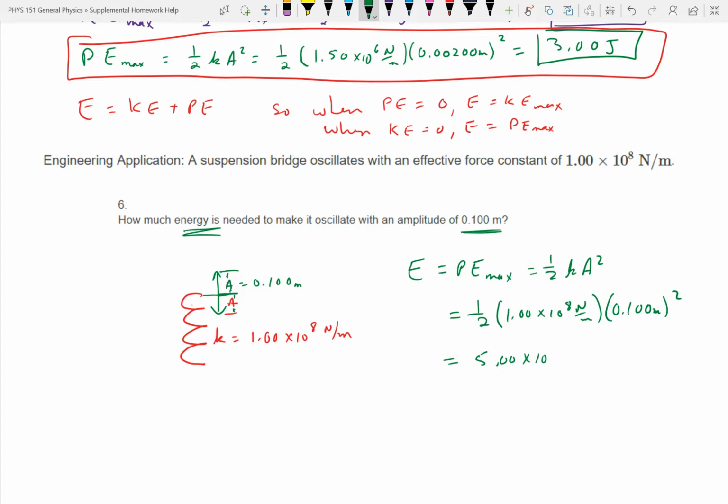Times 10 to the 6. Should be times 10 to the 5th.